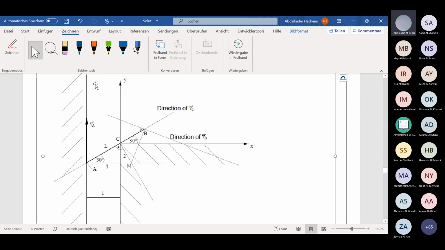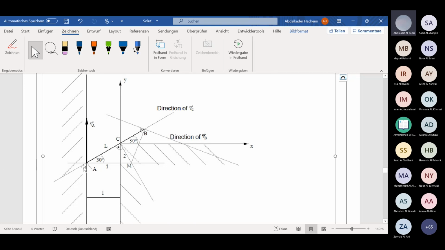Now to come to the center where the velocity is equal to zero. Then we have VA. What we do, we said if we know the direction of one velocity, we make the perpendicular line to it.